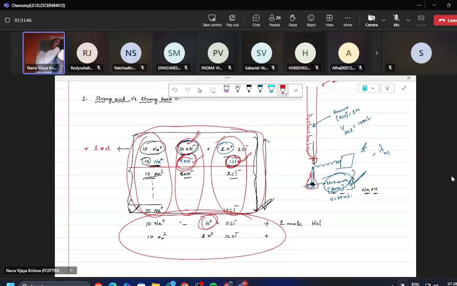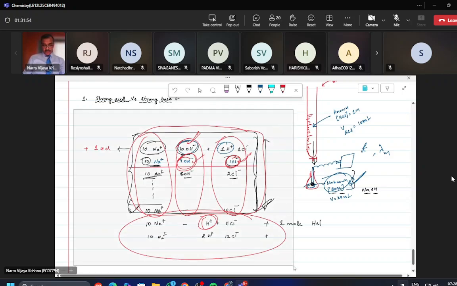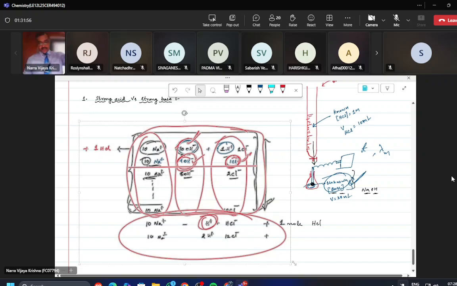Wherever there is a sudden change, that point is called equivalence point. Are you able to understand? Now I am plotting a graph. Tell me how the graph exists.